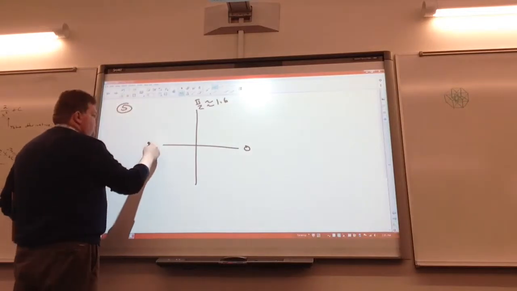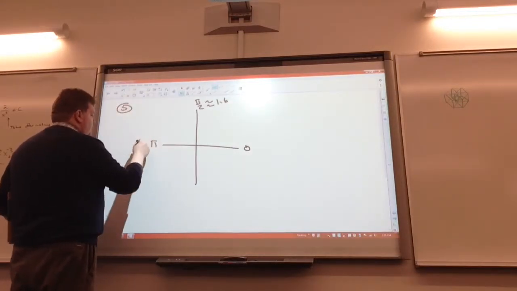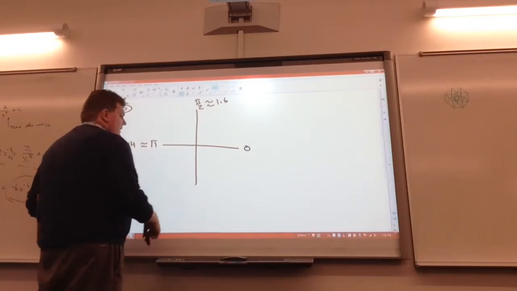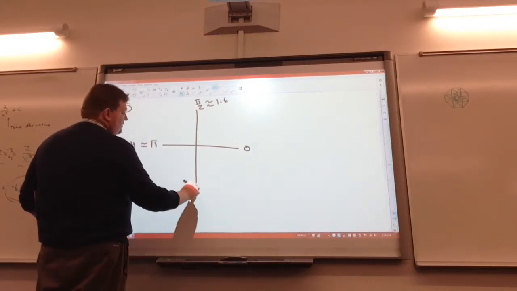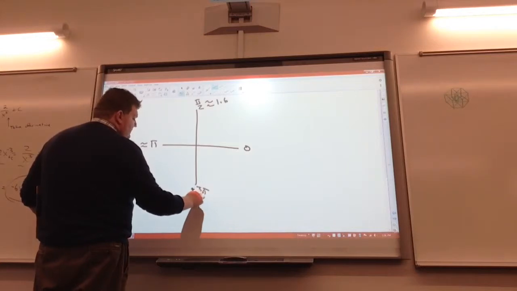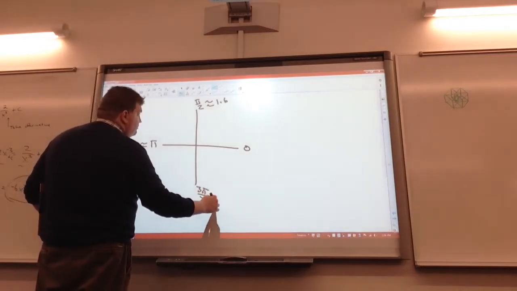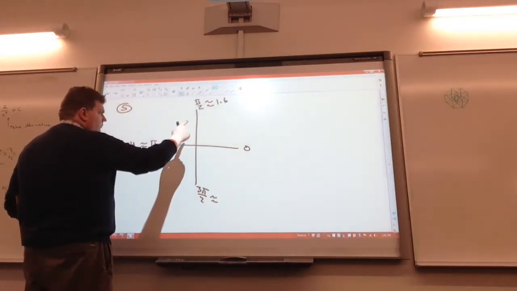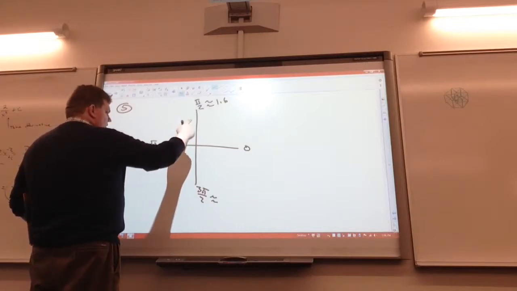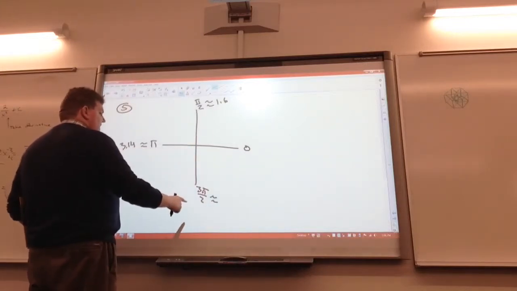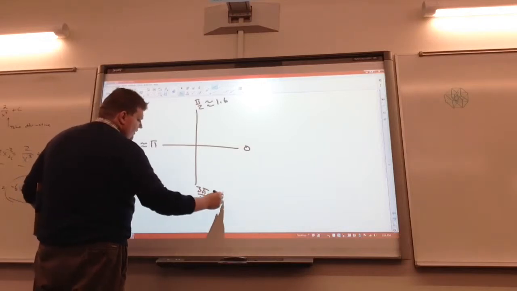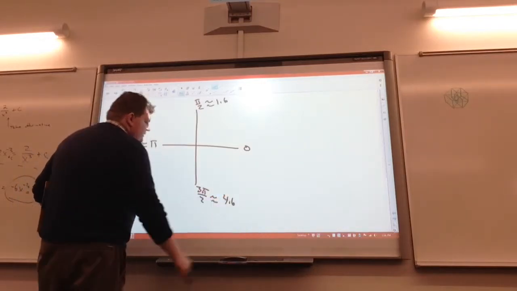This would be pi, which of course, as everyone knows, is roughly equal to 3.14. And this one down here is 3 pi over 2, which is approximately 9 divided by 2, roughly about 4.6-ish.